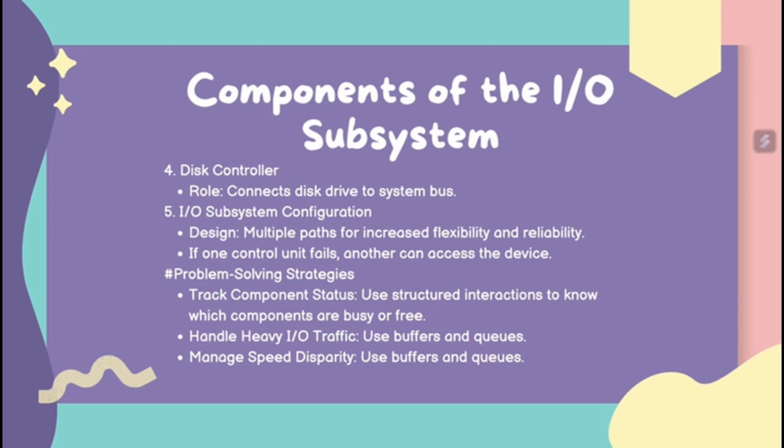The first one is tracking component status, which uses structured interactions to know which components are busy or free. The second one is handling heavy I/O traffic, which uses buffers and queues. The third one is managing speed disparity, which also uses buffers and queues.